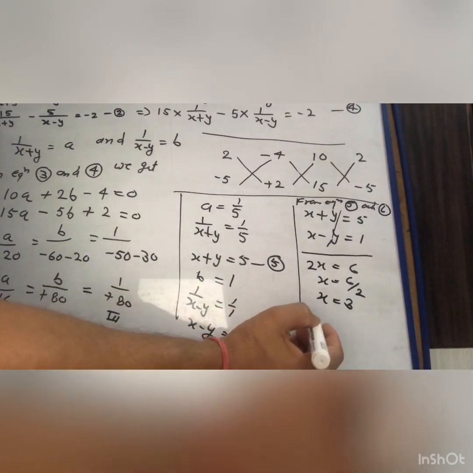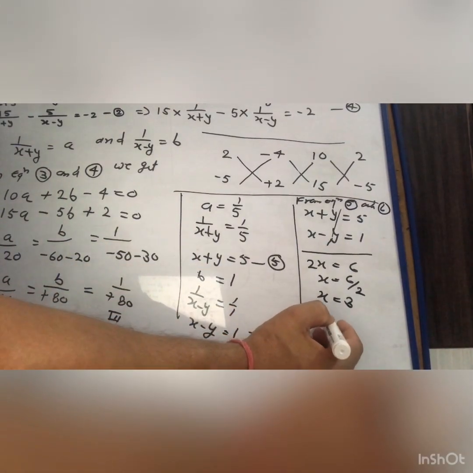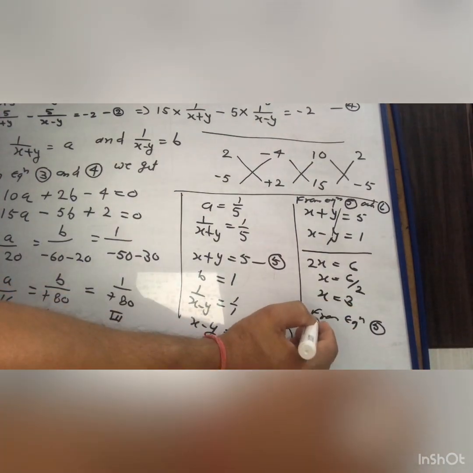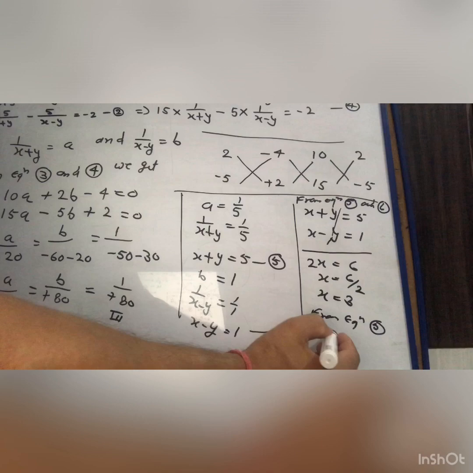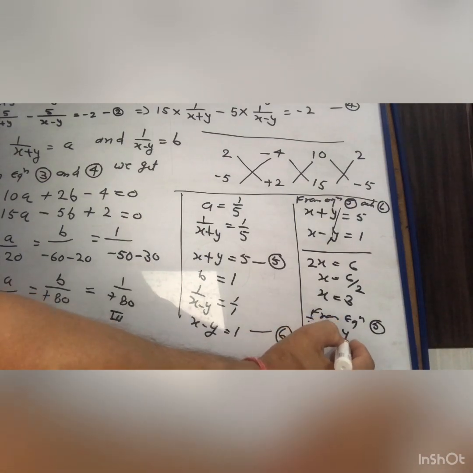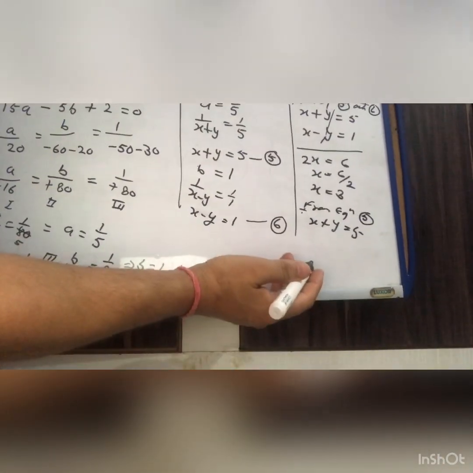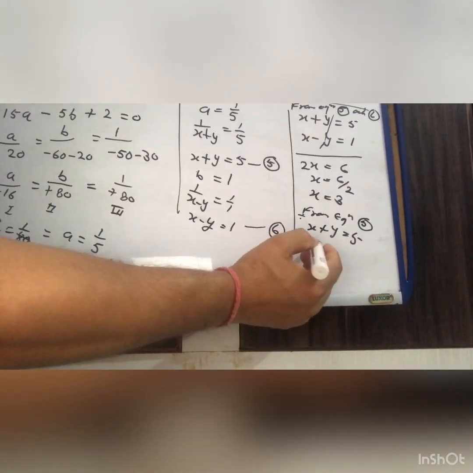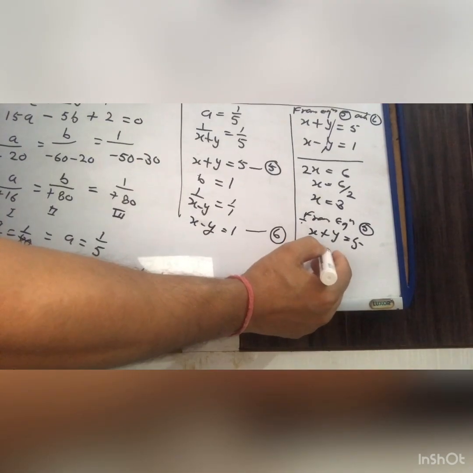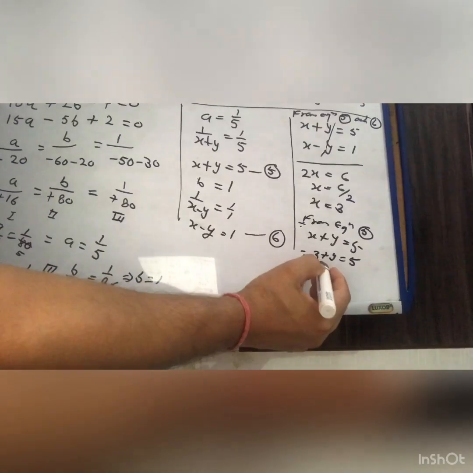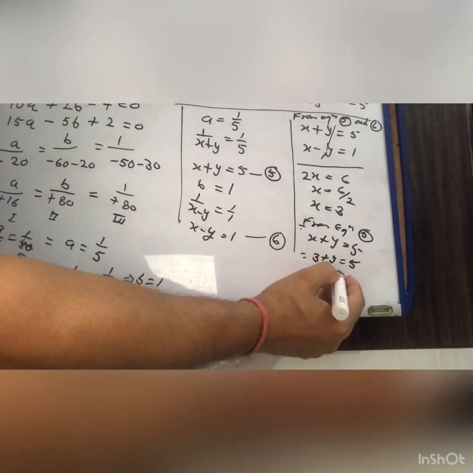We will take equation 5, that is x plus y equal to 5. So dear, what you get? x is 3, so 3 plus y equal to 5.